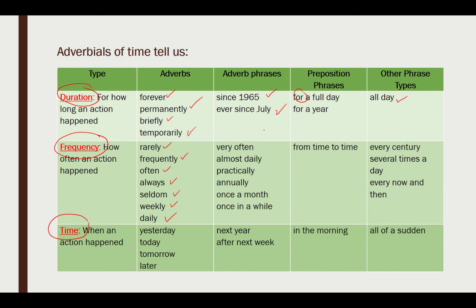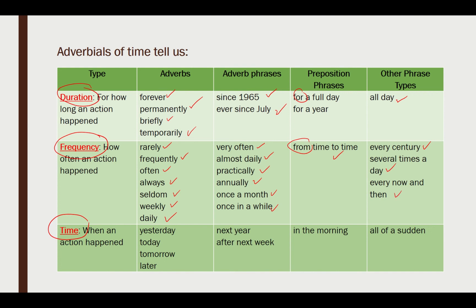As for adverb phrases, we can use phrases like very often, almost daily, practically annually, once a month, once in a while. For prepositional phrases, you use from, and so you can use phrases like from time to time. Other phrases for frequency include every century, which means every 100 years, several times a day, every now and then.